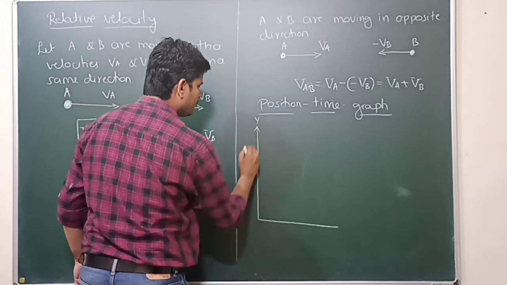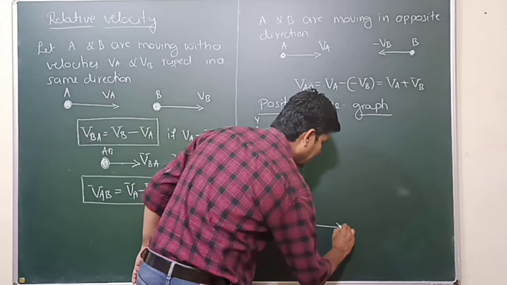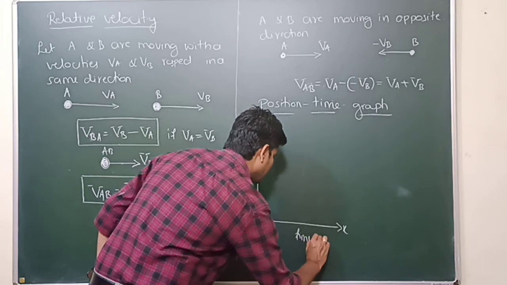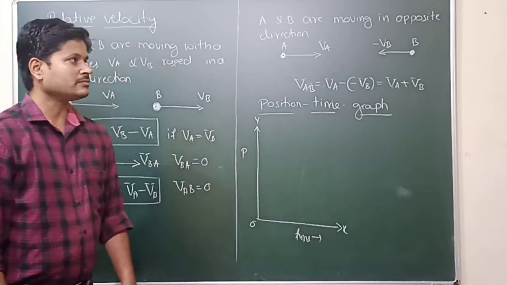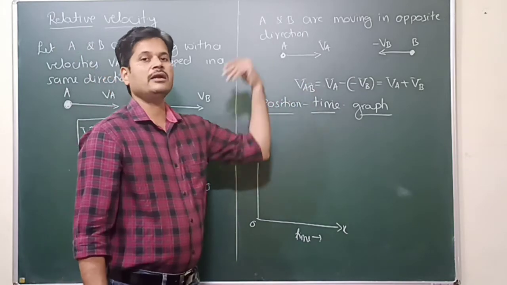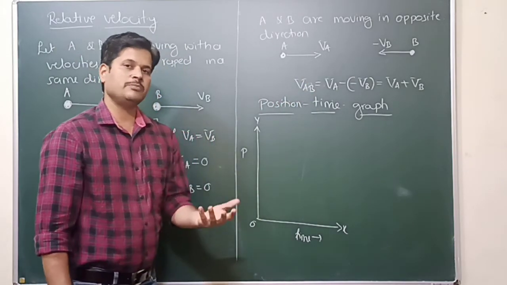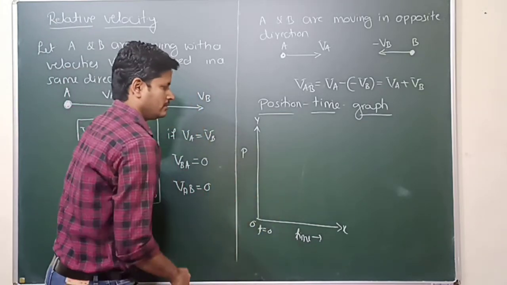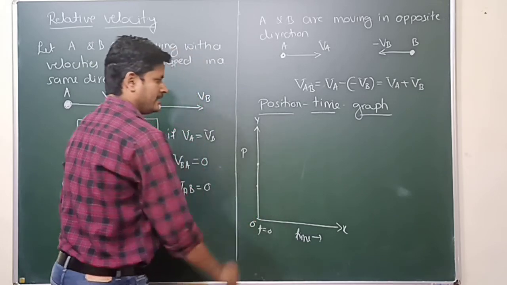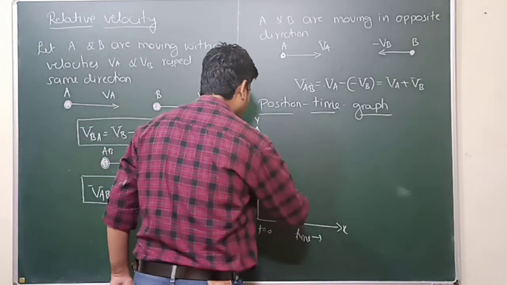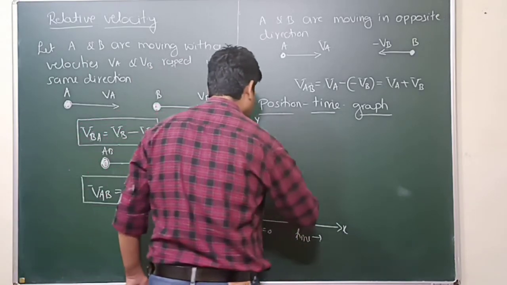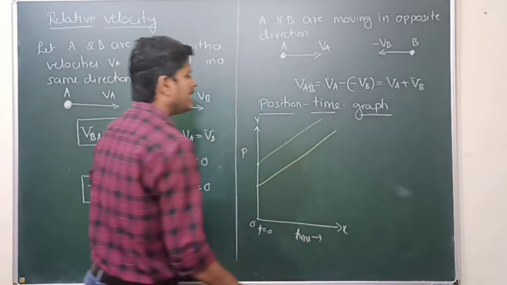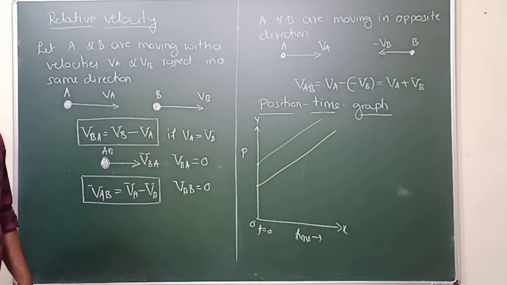Along the y-axis we choose the position, and along the x-axis we choose the time, and this is the origin. As we saw in the earlier diagram, if their initial positions with respect to the origin are certain at time t equals 0, then without intersecting, they move like this. They are parallel. Correct? Is it right?